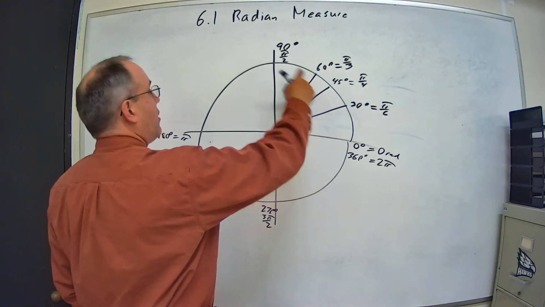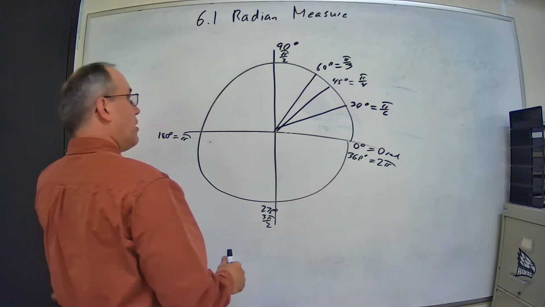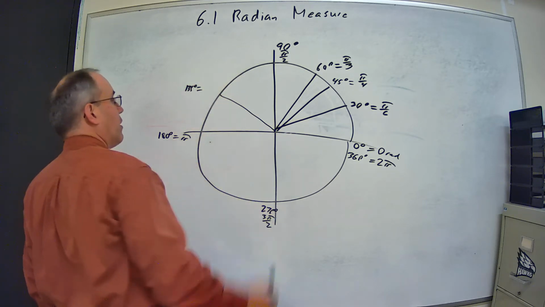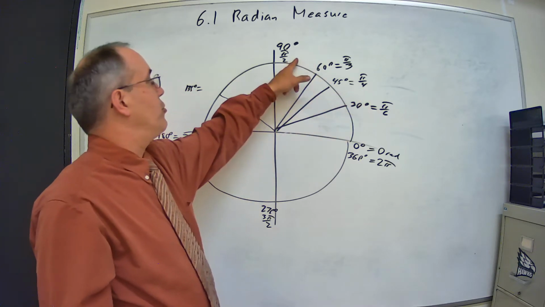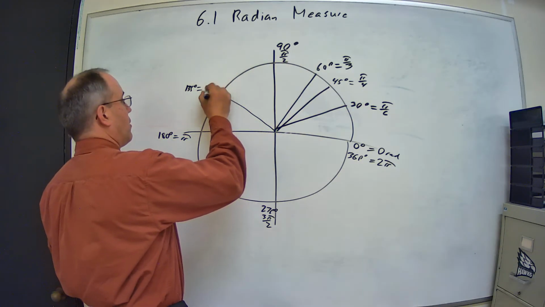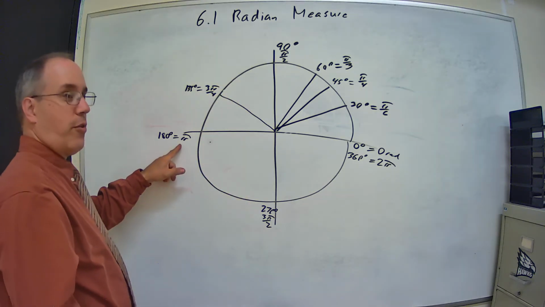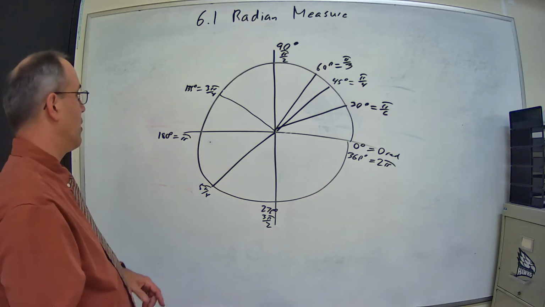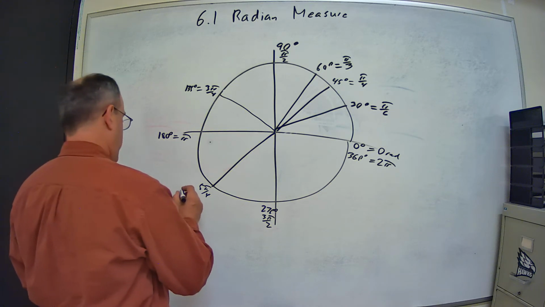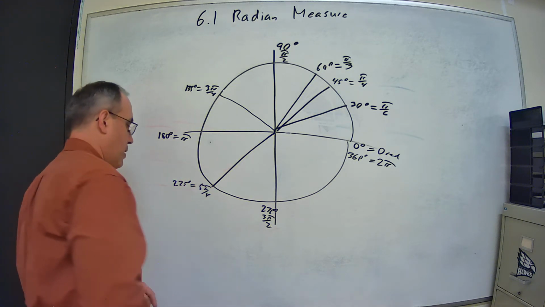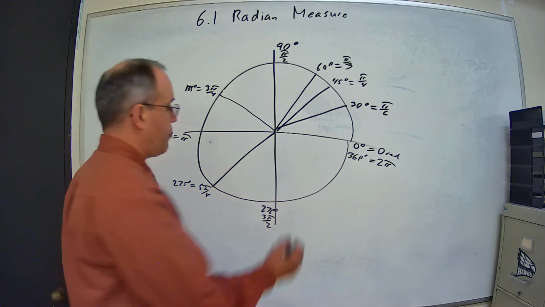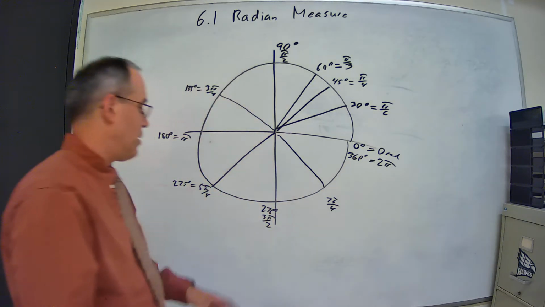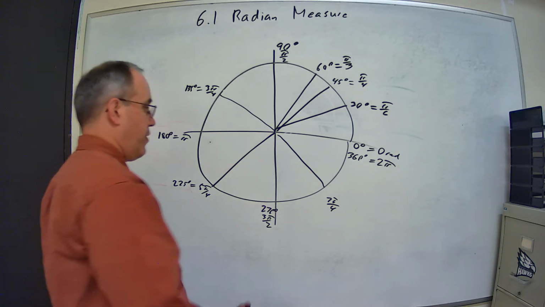45 degrees is pi over 4, 90 degrees is 2 pi over 4, or pi over 2, 135 degrees, so pi over 4, 2 pi over 4, 3 pi over 4, 4 pi over 4, being pi, 5 pi over 4, 180 plus 45 is 225 degrees, 6 pi over 4, 7 pi over 4, 270 plus 45 is 315.